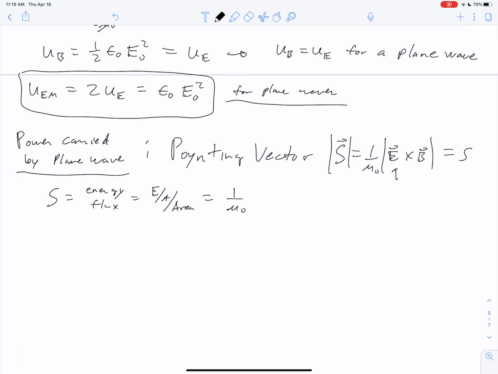And because E and B are perpendicular to each other, I can just write it as E times B. So the magnitude of the energy flux carried by an electromagnetic plane wave is just the electric field times the magnetic field.